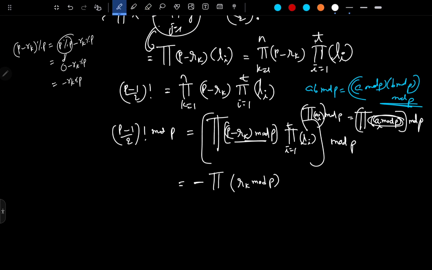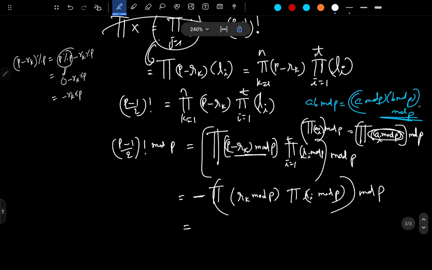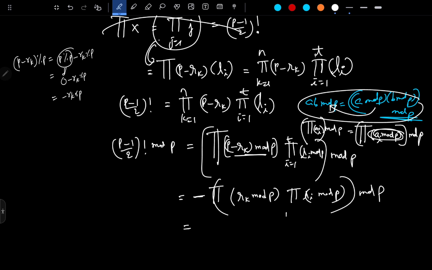So minus becomes here, I have written like this, minus li mod P, li mod P and mod P. Since because of this form, can I write from LHS to this, which looks like an RHS form?